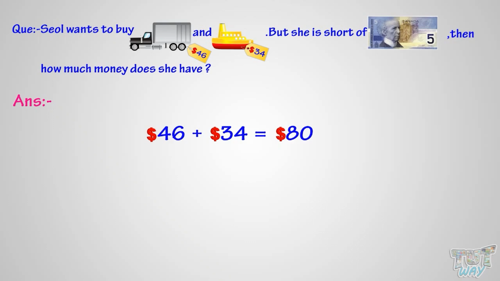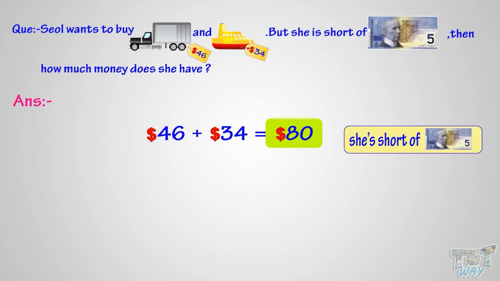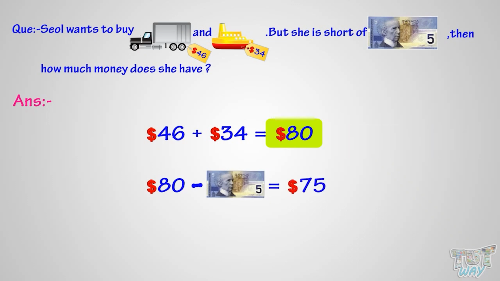So, cost of both toys is $80. And she is short of $5. So, $80 minus $5 equals $75. It means she has $75. Now, let's solve another problem.